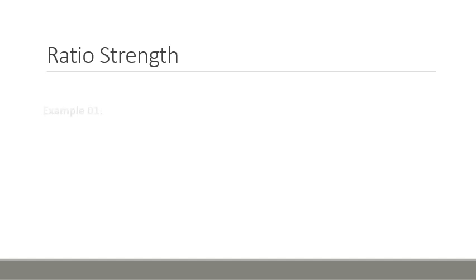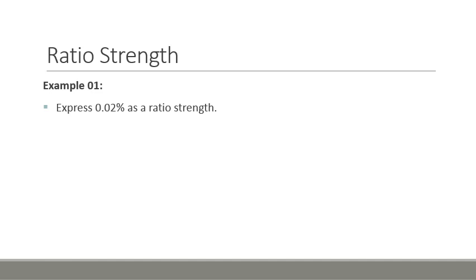Now we have example number 1, which says: express 0.02% as a ratio strength. If we consider 0.02 as one part of the preparation, how many parts will the whole be composed of? Percent is rate per 100, so we can write it as 0.02 divided by 100.